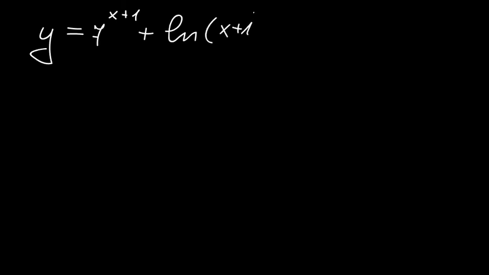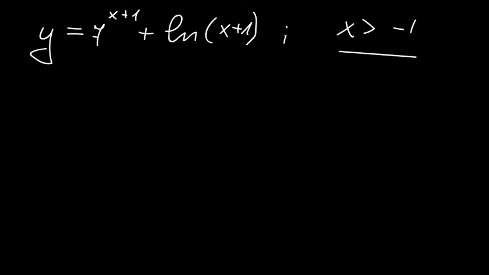Let's say y is equal to 7 to the power of x plus 1 plus a natural log of x plus 1. So here we'll need to apply some rule and also a chain rule here, okay? And I also would recommend to say that x is more than minus 1.